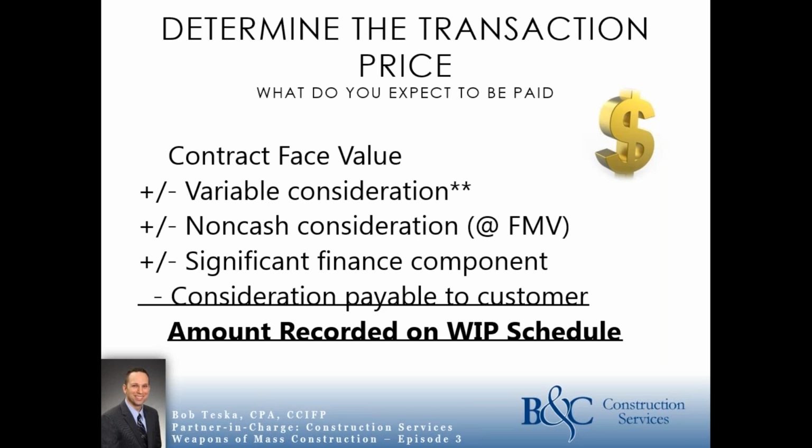It's a $1 million contract, and we're going to plus or minus variable consideration. That's going to include unapproved change orders, performance bonuses, liquidated damages, and a host of other things. And we're going to go through a lot of examples on that, so I'm going to stop talking about that piece. We're going to plus or minus any non-cash consideration at fair market value.